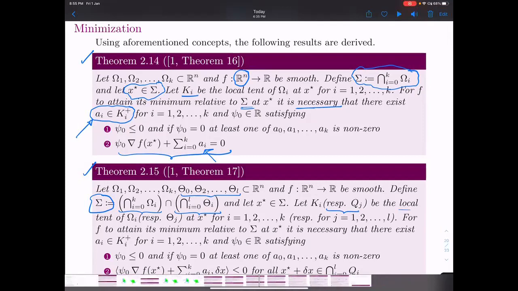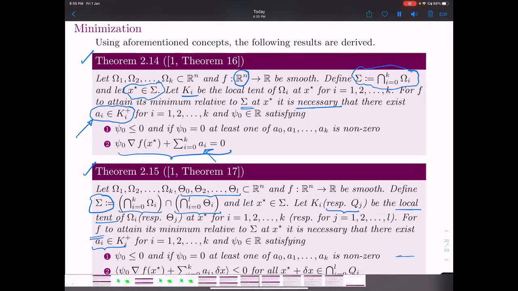So maybe there are a few words here which I have not explained. There's the separability of convex sets. So you would have to go through the slides to understand what I mean. In the continuous time, I had given a brief explanation of it. F is the function to be minimized, then you need the existence of these vectors in the dual cone.